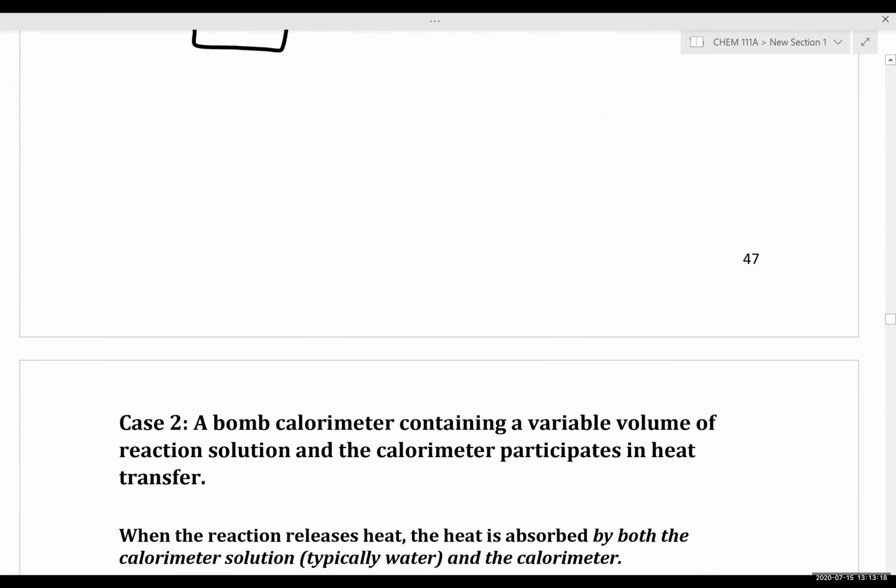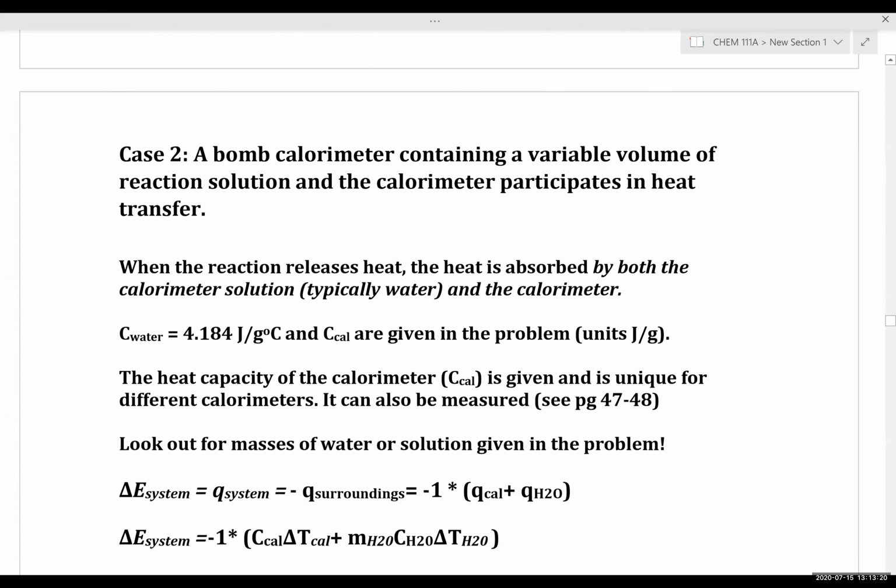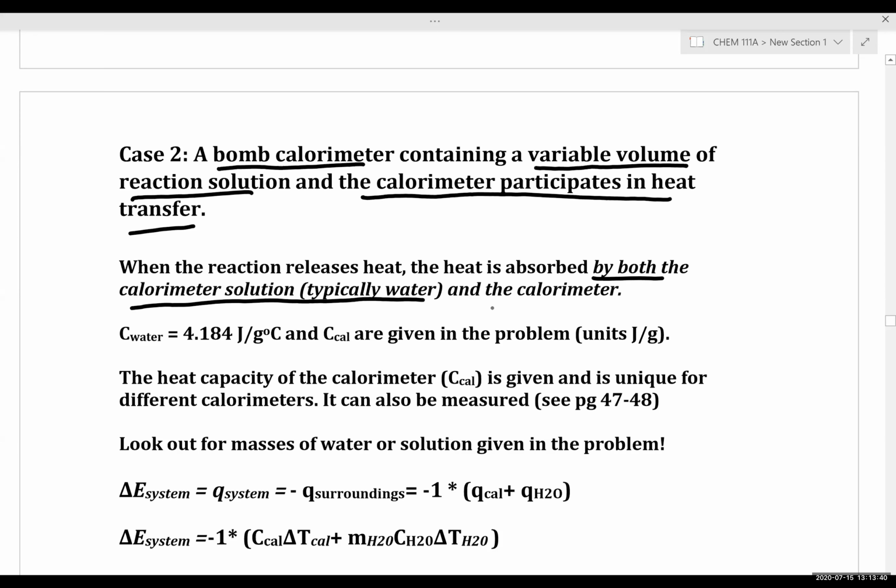Okay, so let's discuss another case now that we've discussed how we actually measure calorimeter constants. In case number 2, we have a bomb calorimeter containing a variable volume of reaction solution, and the calorimeter participates in heat transfer. So when the reaction releases heat, the heat is absorbed by both the calorimeter solution and the calorimeter itself.